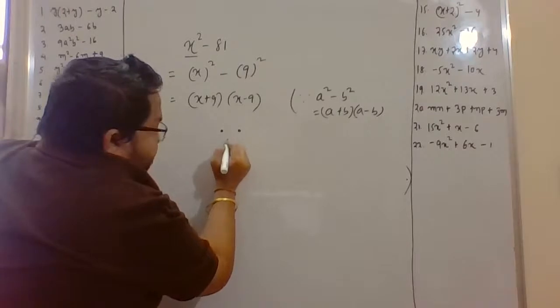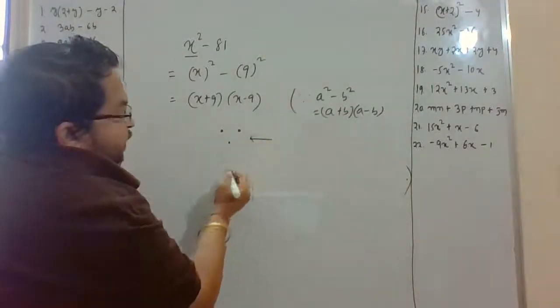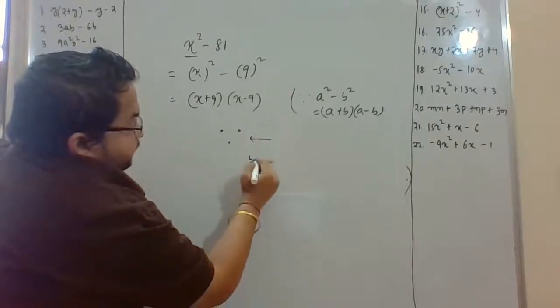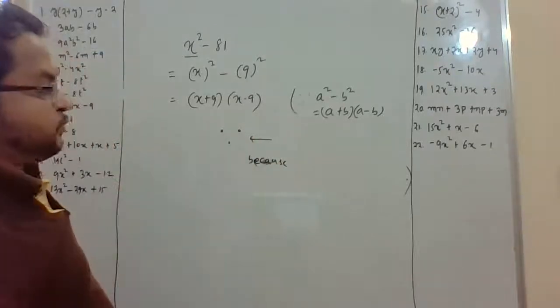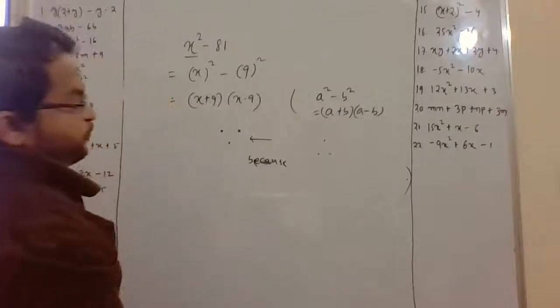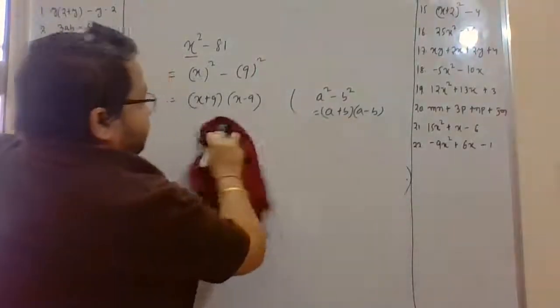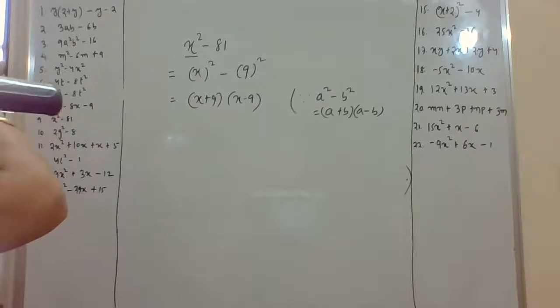So in mathematics we use this symbol to indicate 'because', rather than writing the word. So this is just the reverse of this one. Okay, fair enough. Write it down and we'll go to the next practice problem.